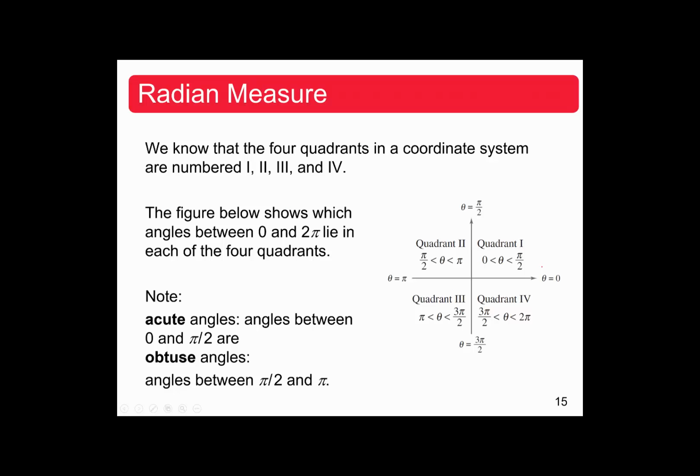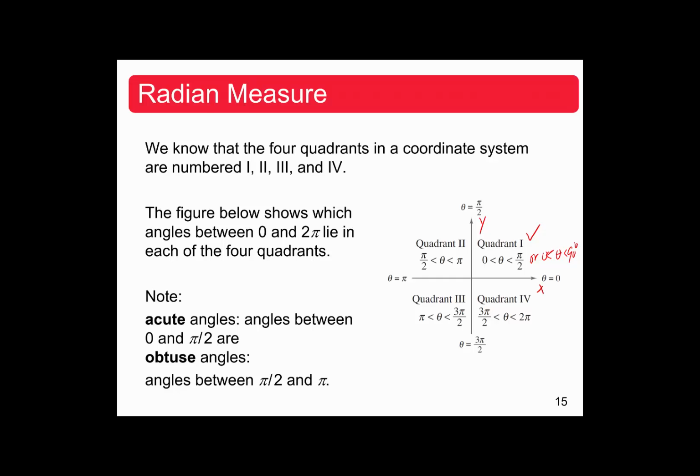And also one more thing I mentioned earlier, you see the x-axis and the y-axis right here in the Cartesian system split this area into 4 regions. Quadrant 1 is where theta is greater than 0, less than pi over 2. Also, we can say that theta is greater than 0 degrees, less than 90 degrees.